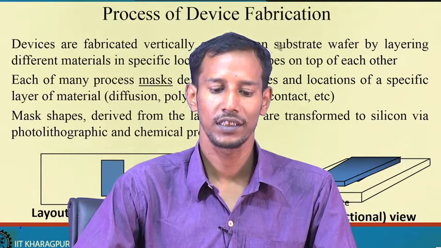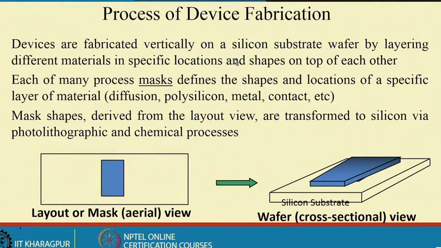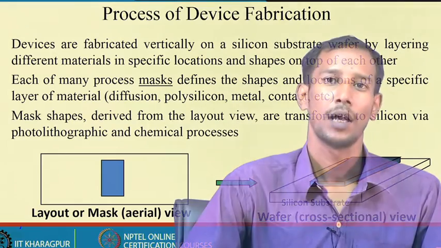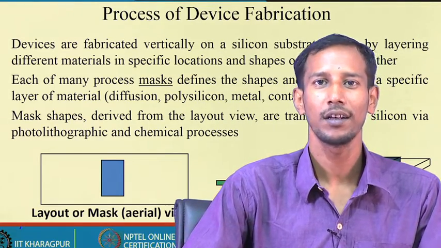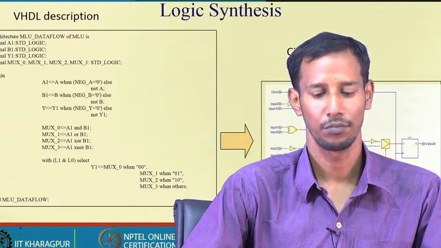So, this is the process of device fabrication. I will not go into details about this. Once this geometrical file is sent to the fabrication lab, they follow the device fabrication procedure, and after that they build the corresponding system for me.